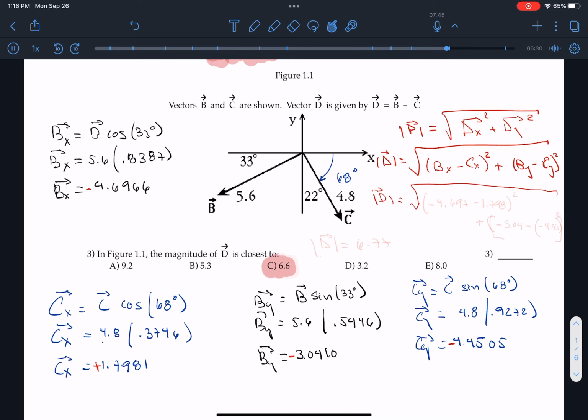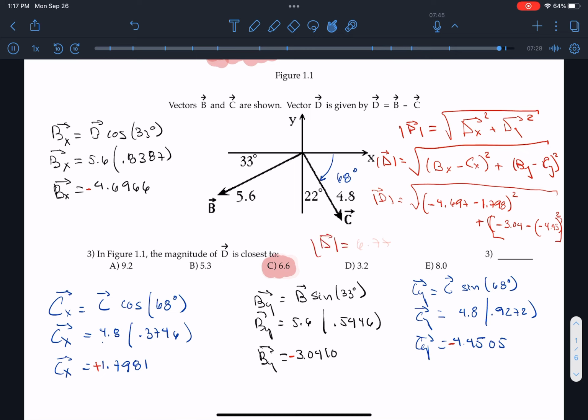So now we can proceed to plug in the values into the equation. So this is going to be the square root of (negative 4.697 minus 1.798) to the second, plus (negative 3.04 minus negative 4.45), all that to the second.